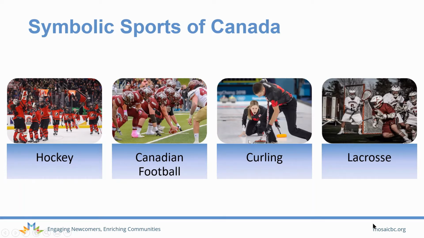But these are the symbolic sports of Canada. So in that test, they may put curling, soccer, baseball, swimming, whatever, and then ask which one of these is Canadian, or vice versa. That could be a question in the exam.